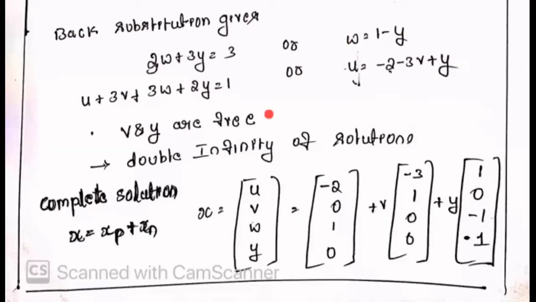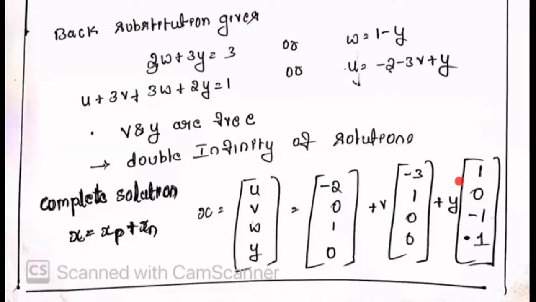Double infinity of solutions, basically what it means is, since there are 2 free variables, you vary v from 0 to infinity, keeping y as a constant, or you vary y keeping v as a constant. So that's why it is a double infinity of solutions. Since v and y are free variables as well as real, you have infinitely many possible solutions.